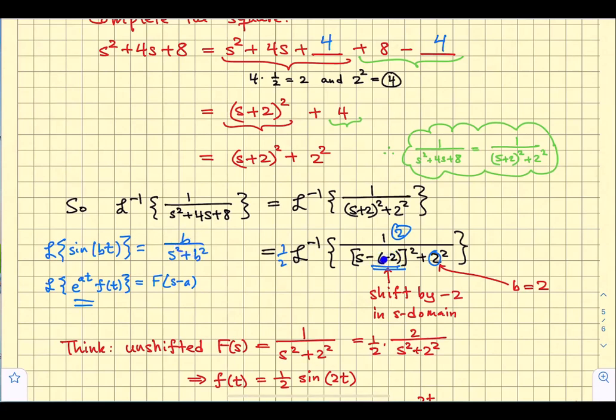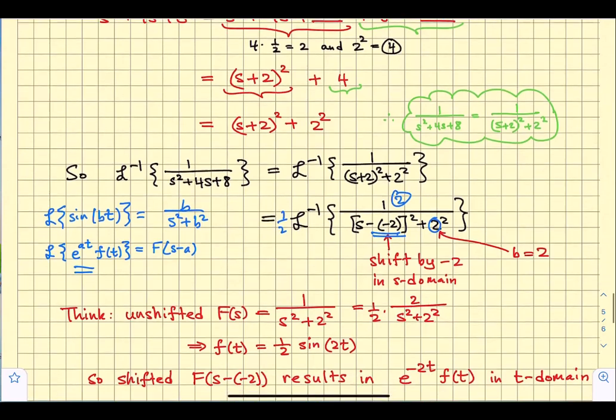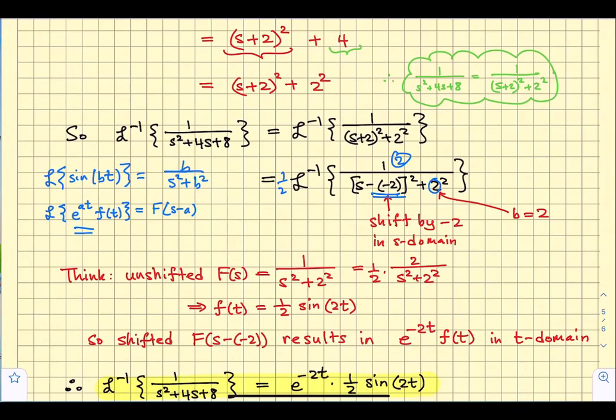If I mentally inverse transform the unshifted version, the unshifted big F of s, which I rewrote as this, I know that this inverse transforms back to a sine 2t. So that's what the unshifted version would do. That means the shifted version must take the unshifted version and multiply it by the appropriate exponential.